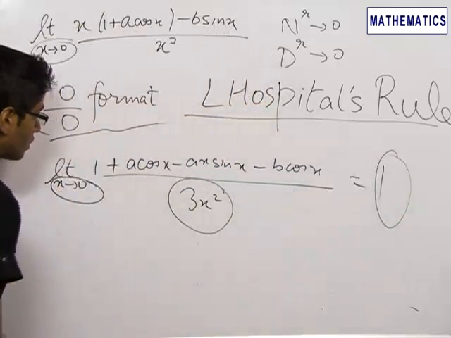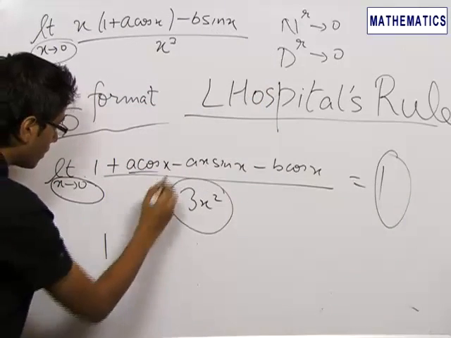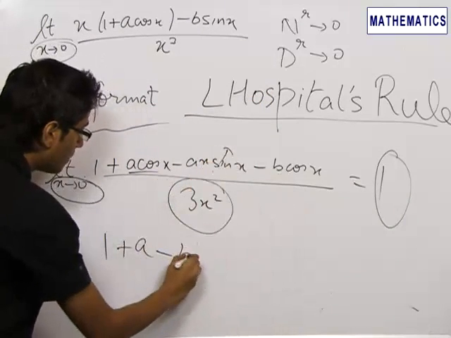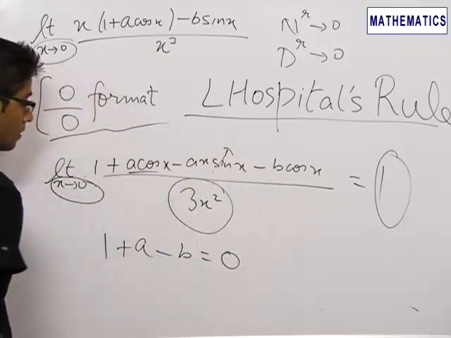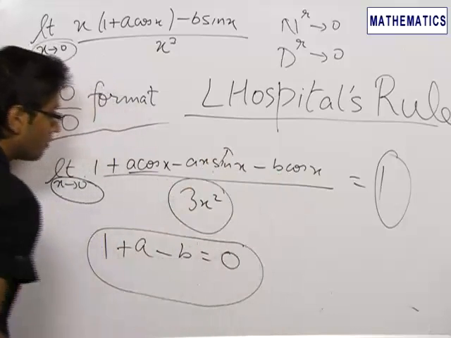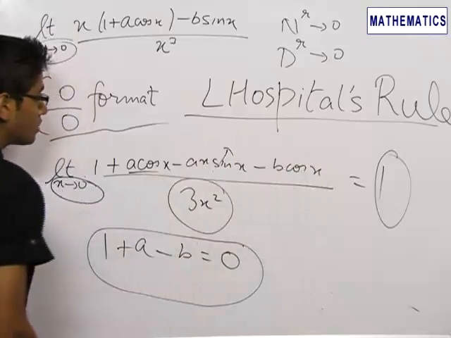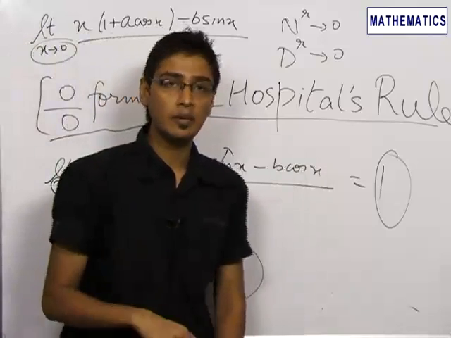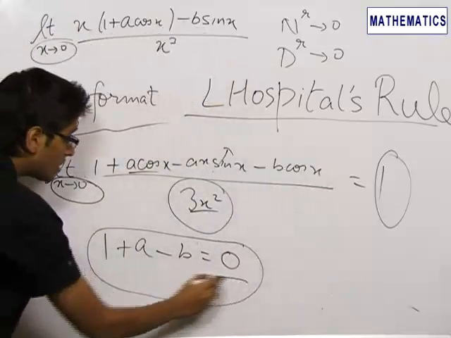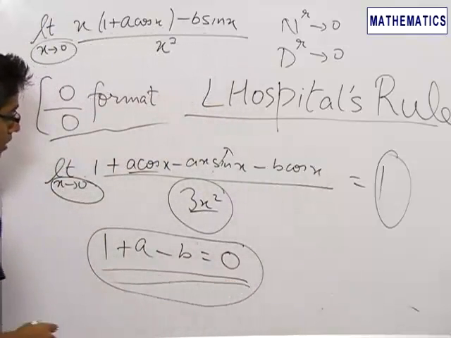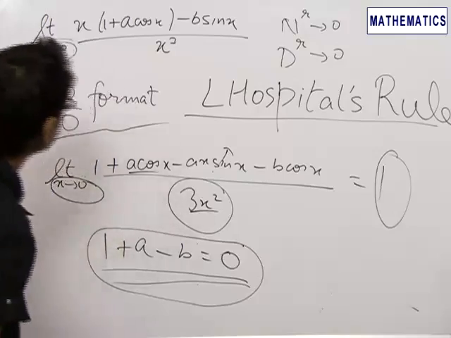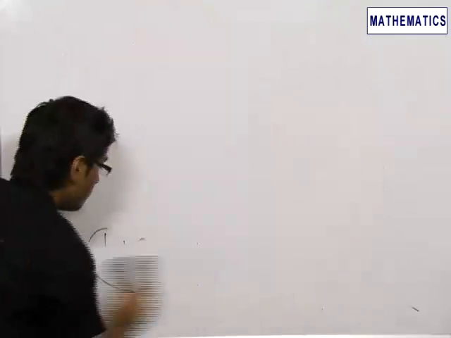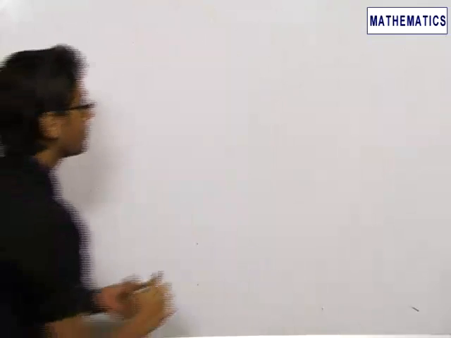So putting x equals 0, we get 1 plus a minus b equals 0. This is our first equation, which we got by making the numerator tend to 0, since the denominator is tending to 0 and we are getting a finite limit. You can see that this was exactly the same equation which we were getting as the first equation in the first approach. So we try to remember this equation, which was 1 plus a minus b equals 0.